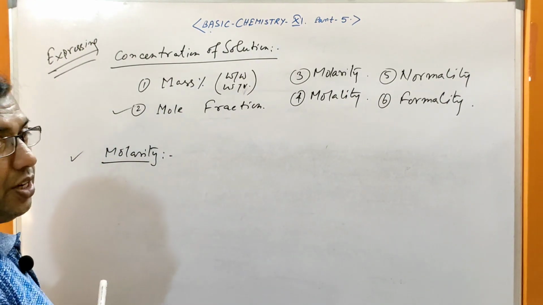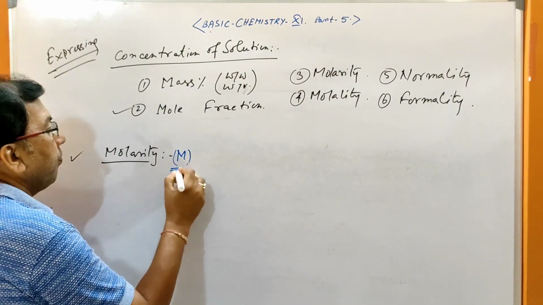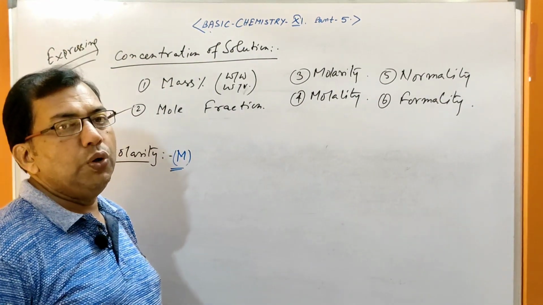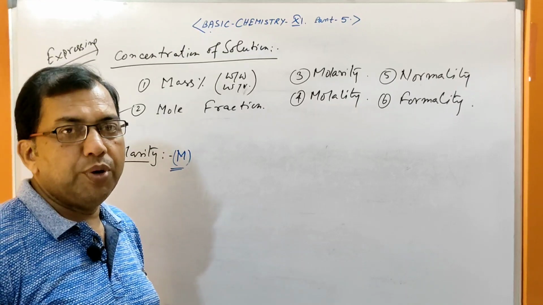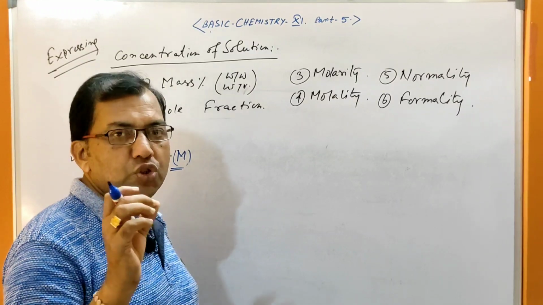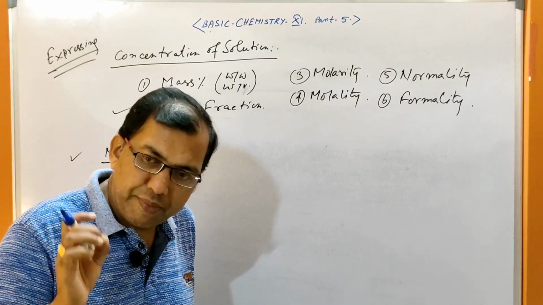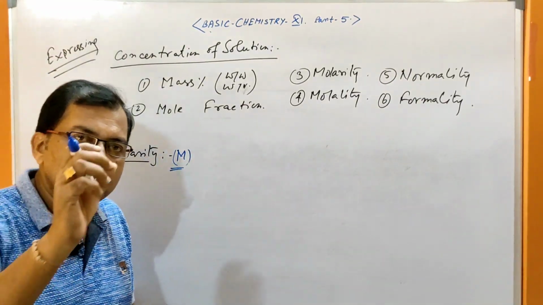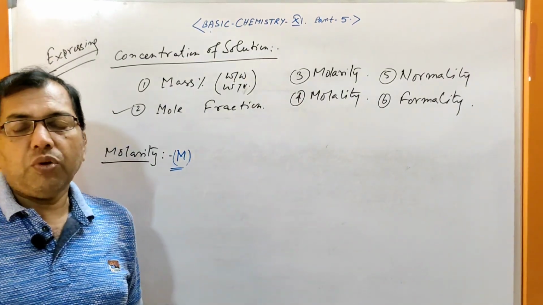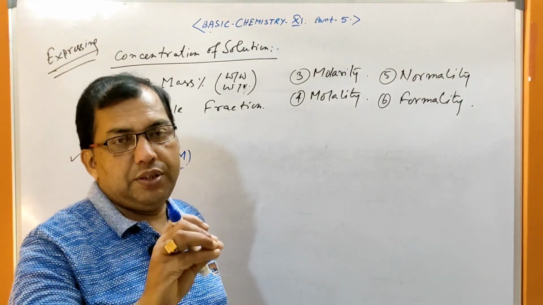Molarity is expressed by capital M. The molarity is defined as the number of moles of solute present in the total volume of solution in liter. That means how many moles of solute are present in one liter. That is the main thing.